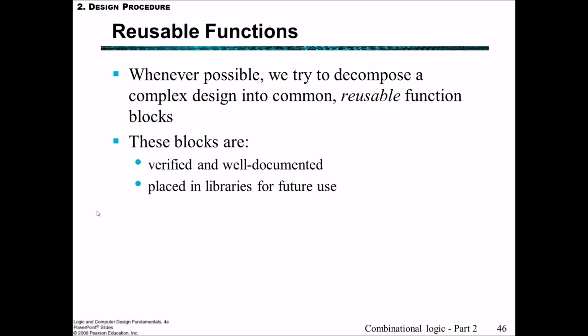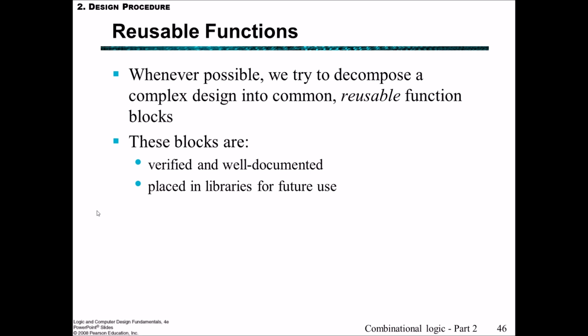Also, so we don't have to double work, wherever possible we're trying to reuse function blocks. If we create the function blocks to be general enough and modular enough that we can put them into different types of designs, then this can often make our life much easier and make the design process much quicker. It also allows us to create complex designs out of these simple reusable component blocks.